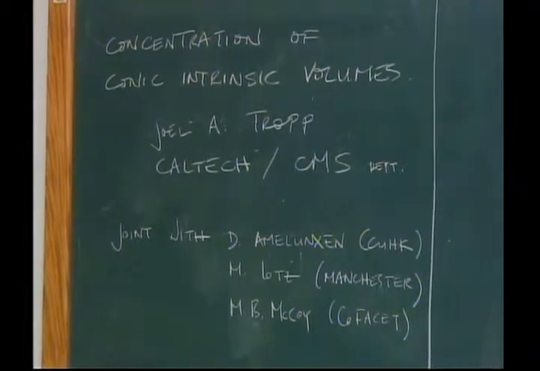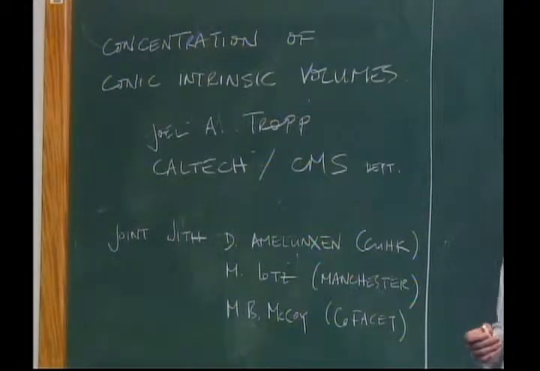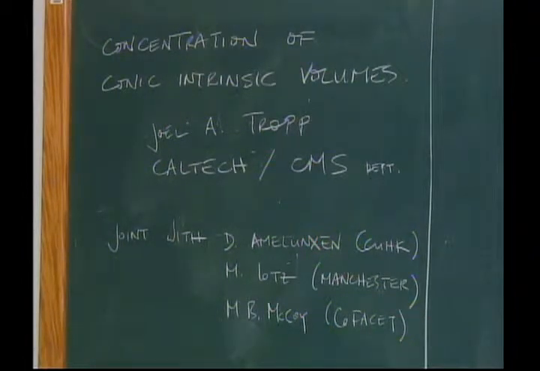I'll explain what that has to do with phase transitions and convex optimization problems. And this is work that comes from two papers, one that was joint with Dennis Amelunxen at the City University of Hong Kong, Martin Lotz at the University of Manchester, and Mike McCoy, who is now with Cofacet Incorporated. And the second paper is joint with Michael.